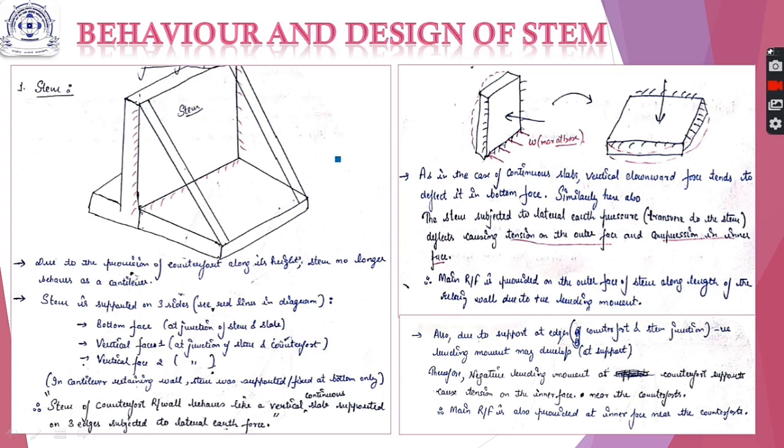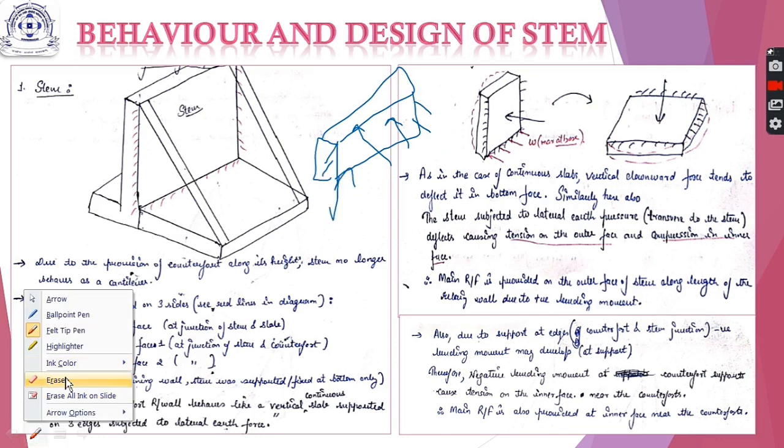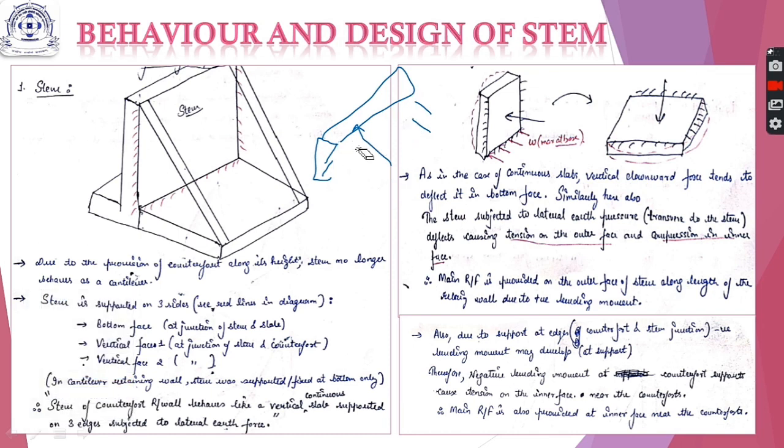Now in this stem, what is happening? Due to the load acting on this particular stem, and this edge is fixed and this edge is also fixed, these are the continuous supports. Both these supports are continuous.